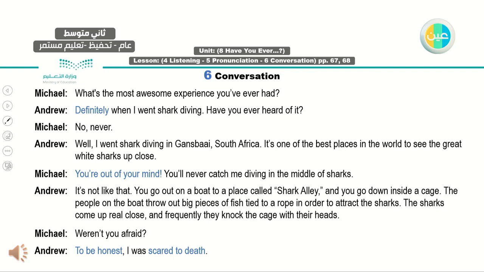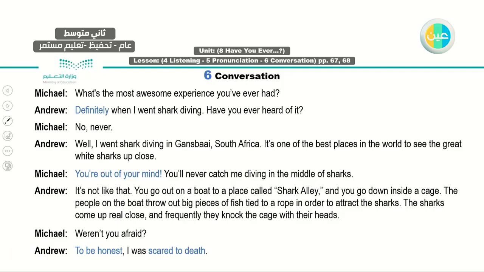It's not like that. You go out on a boat to a place called Shark Alley, and you go down inside a cage. The people on the boat throw out big pieces of fish tied to a rope in order to attract the sharks. The sharks come up real close, and frequently they knock the cage with their heads. Weren't you afraid? To be honest, I was scared to death.